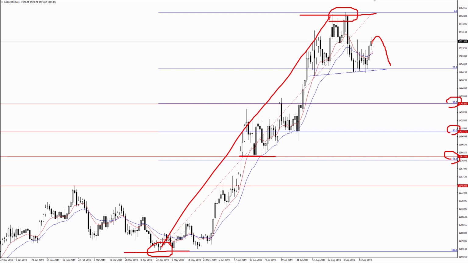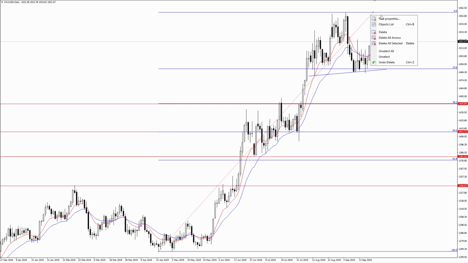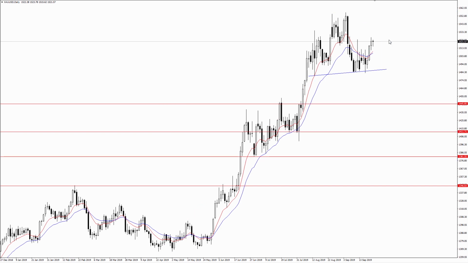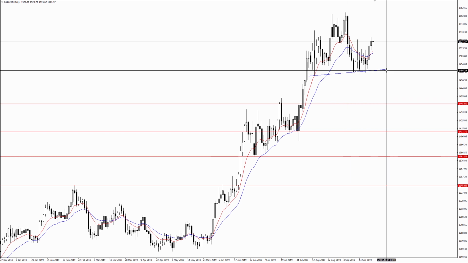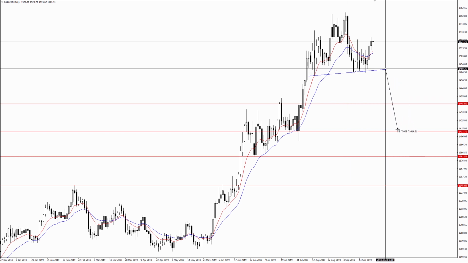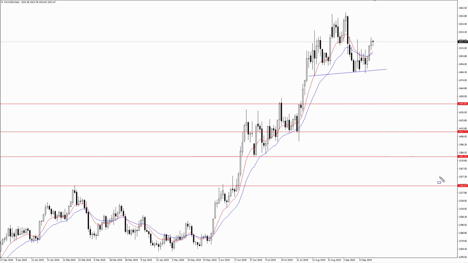Now, another reason that 1410 is significant has to do with the measured objective for this potential head and shoulders. And remember, it is a potential pattern. This thing is not confirmed yet, so I am not bearish gold as of yet. But if we do take a measurement of this potential head and shoulders from the neckline up here, and then we take that same measurement from a break of that neckline, we get a measured objective somewhere right around 1410, maybe 1420.